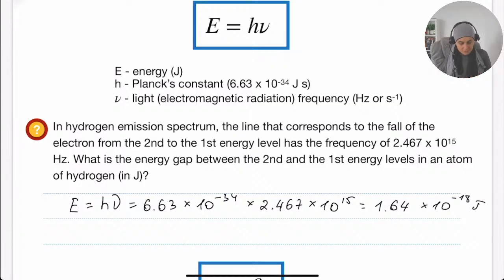You can double check my calculations, and if you find a mistake, you can leave a comment for everyone to know. 2.467 times 10 to the 15, just double checking. Yeah, looks right. Okay, that's joules. That's the energy needed to remove one electron from one atom.